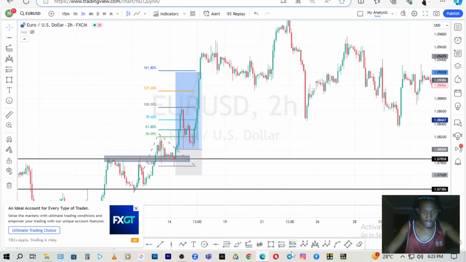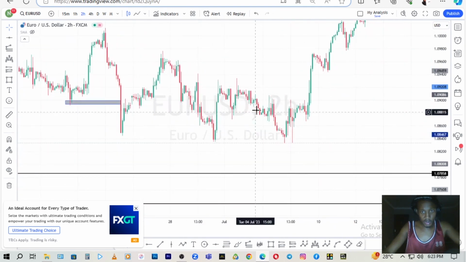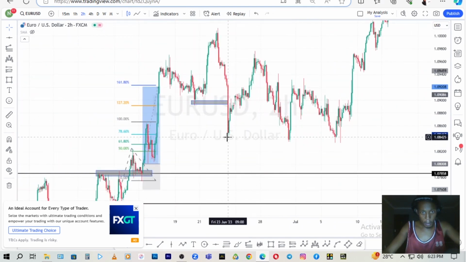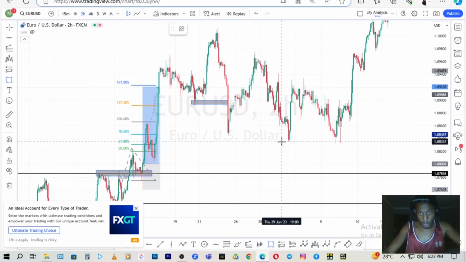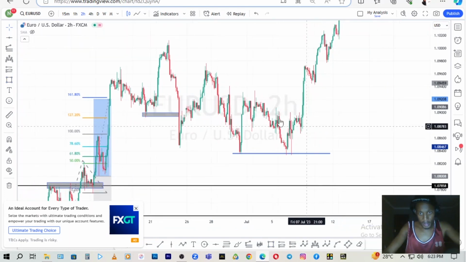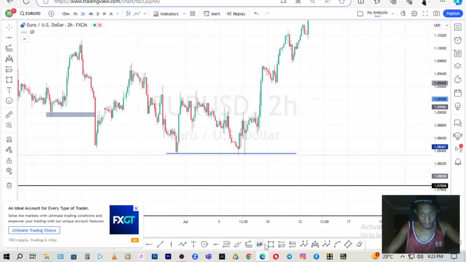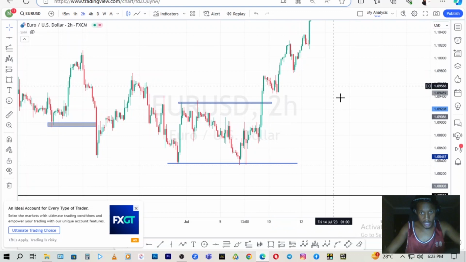So it broke structure over here, started trending down, it broke low, fell to break low, broke high, started trending up.